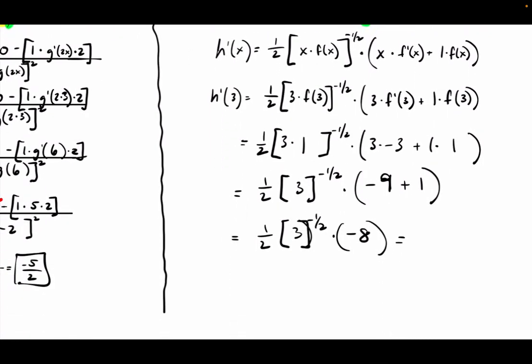What does a negative 1/2 power mean? Move it to the bottom and you square root it. It means there's going to be a square root, but on the bottom. So I get negative 8 times 2 over the square root of 3.